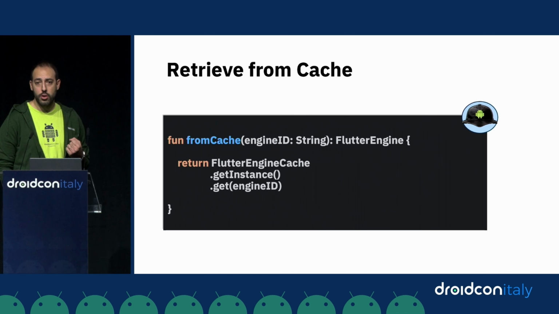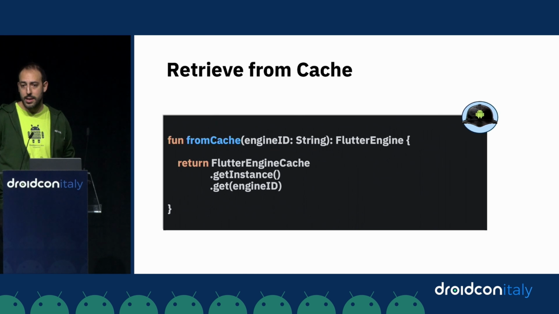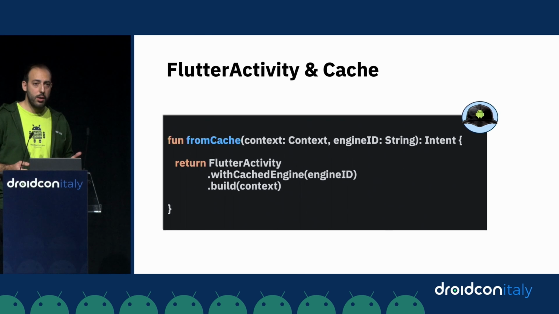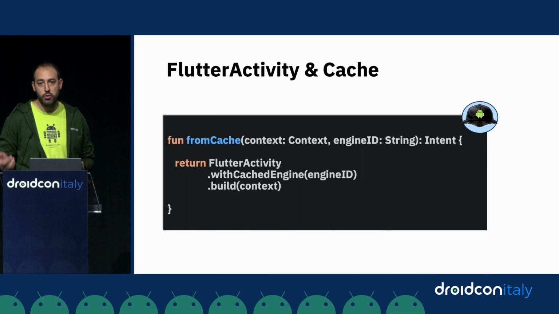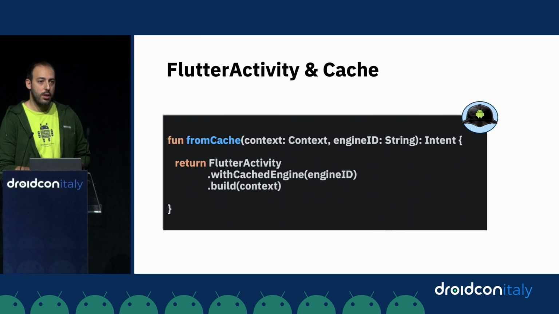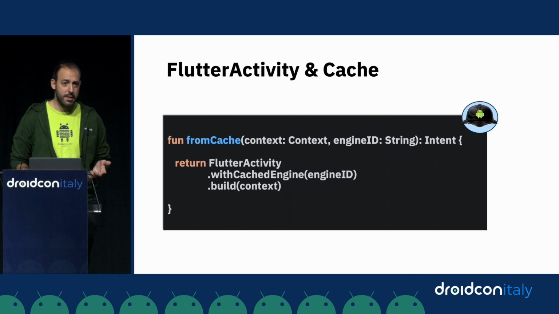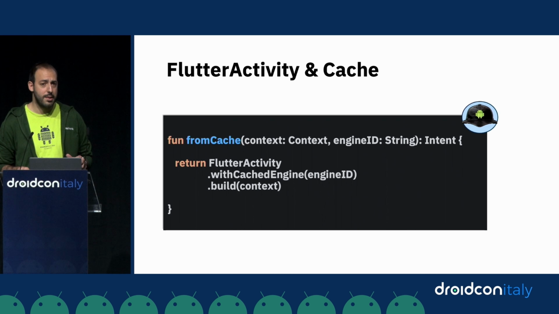To retrieve from the cache, we can do the same from Flutter engine cache, and we can get through that key, the engine ID. There is also another way, because you can always use the Flutter activity, which has a builder, and you can pass directly the key, and you can get the Flutter engine. It will render automatically, which is even easier, but if you want to customize, it's better the previous way.